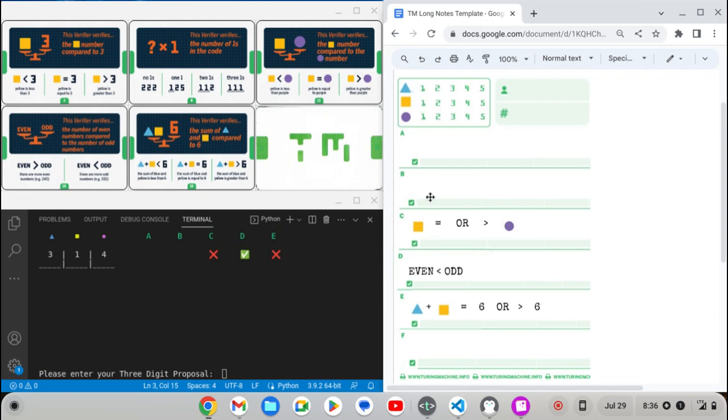So let's see, if the sum is not 6, what does that say about the values of triangle and square? It definitely would be odd. Well, no, not necessarily.